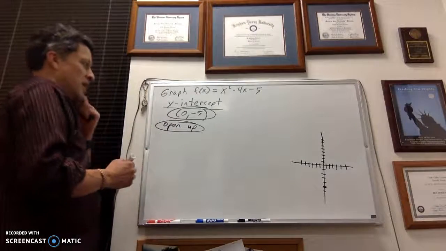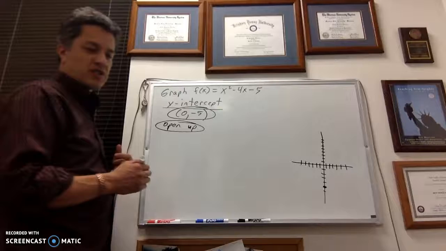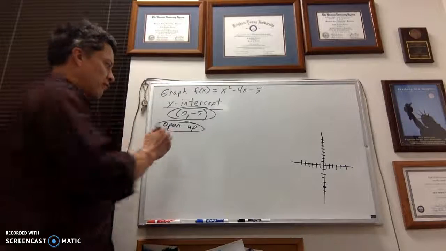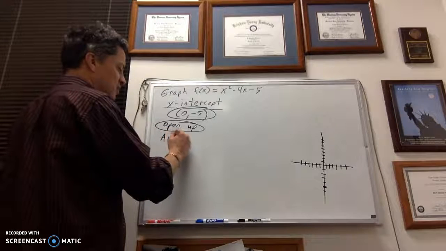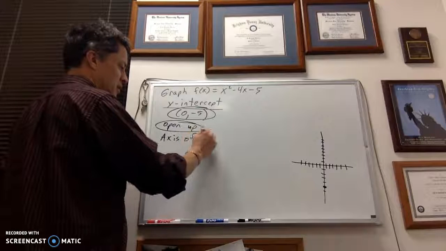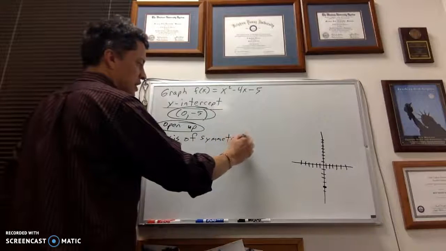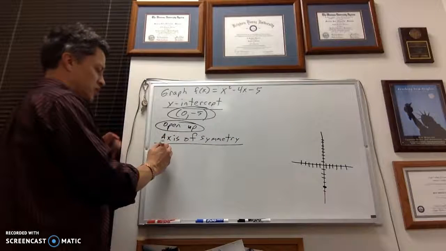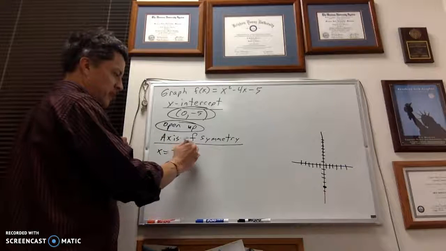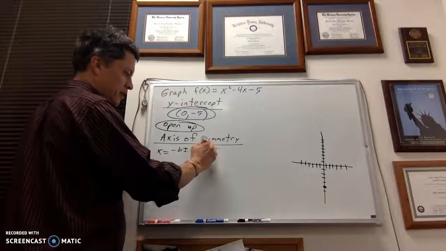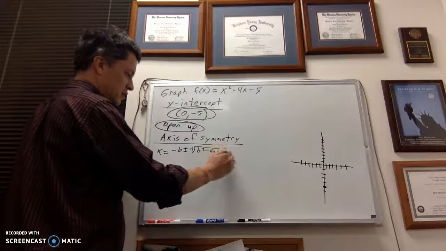Okay, now let's find the vertex. But before I even find that, I'm going to find what's called the axis of symmetry. And for that, let me take a look at a little friend of ours first. Do you remember the quadratic formula? It looks like this.